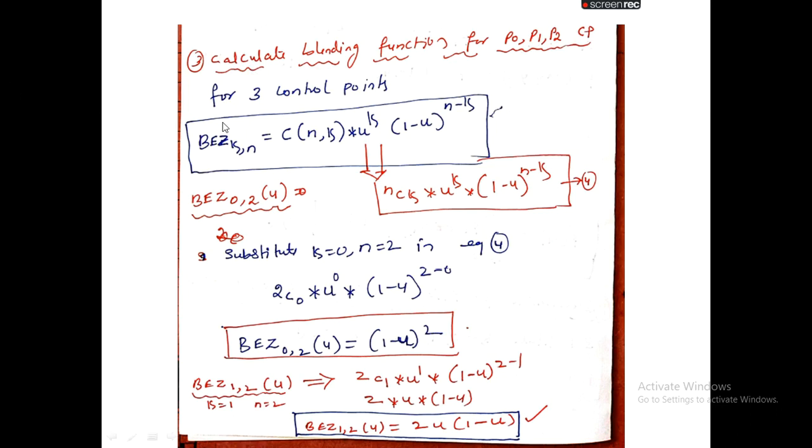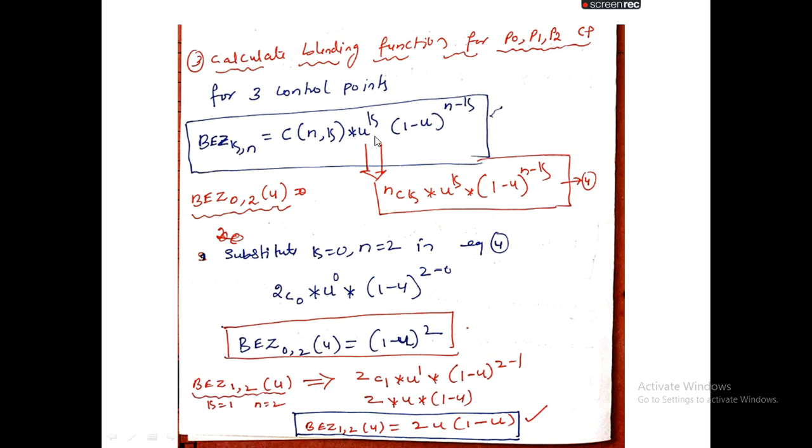Then the equation to calculate the blending function or basis function is Bezier B k comma n equal to C of n comma k into u power k into 1 minus u power n minus k.